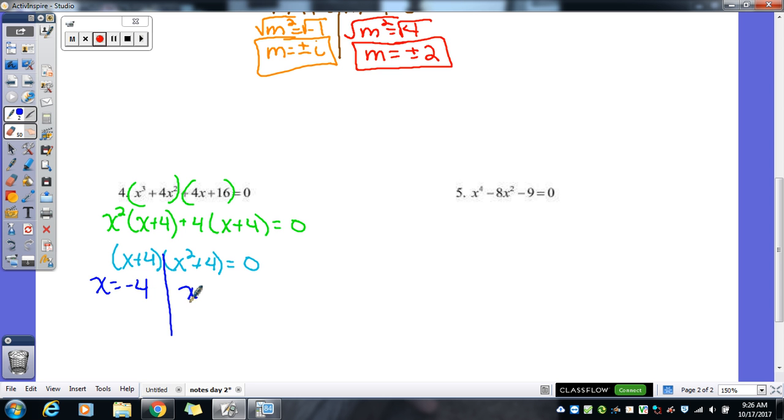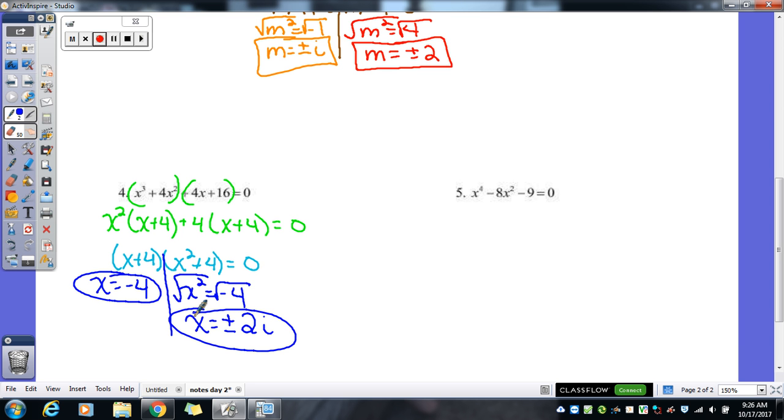The other side I would subtract my 4 over, so I get x squared equals negative 4. And then we got to take the square root. So we get x equals plus or minus, what is the square root of negative 4? 2i. So there's our three answers for that one. We got a negative 4, positive 2i, and negative 2i.